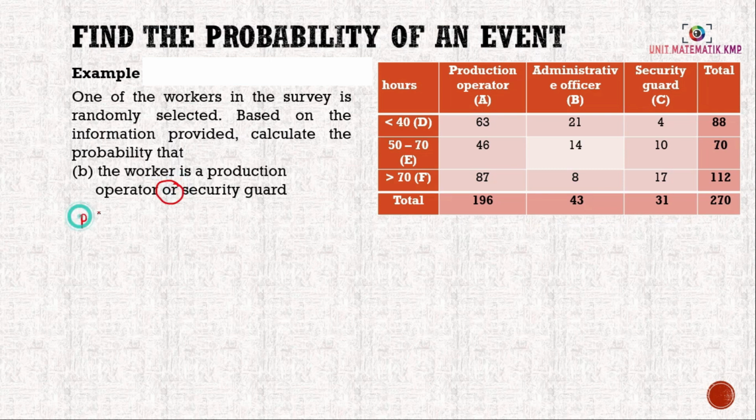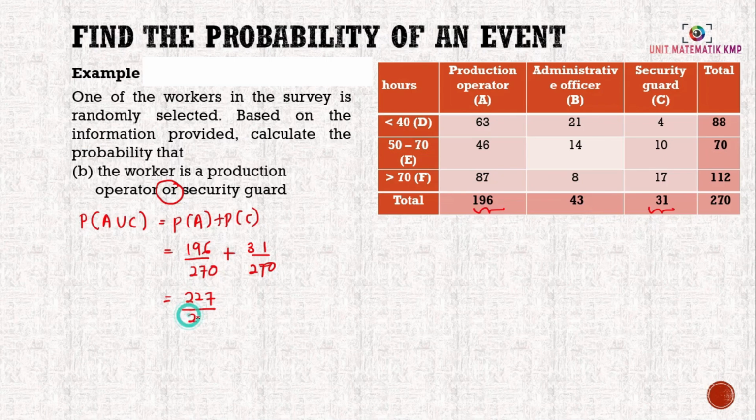So kita nak the probability of A union C. So kita akan ambil the probability of A plus the probability of C. So 196 over 270 plus 31 over 70, and then you add up, you can get 227 over 270. Dan ia tak boleh disimplify.